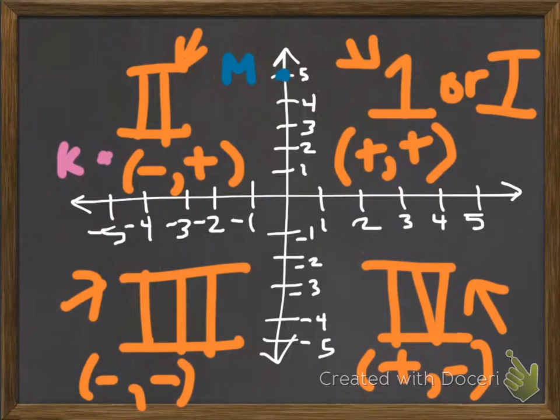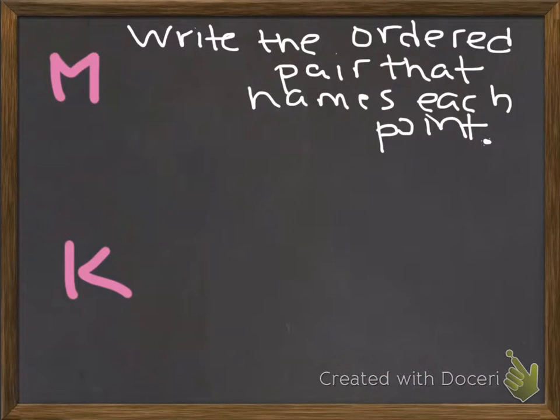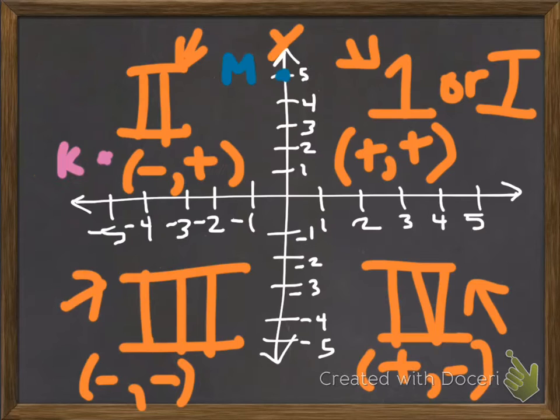So if we look at point M, we need to tell me what point M is. Now notice point M is on the axis, and that is actually the Y axis. So if it is on the Y axis, that means that the X coordinate for the point has to be 0. So M would be 0, and then we need to look at where it is on the y-axis.